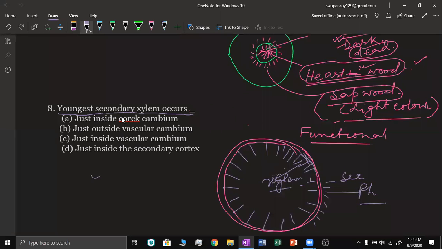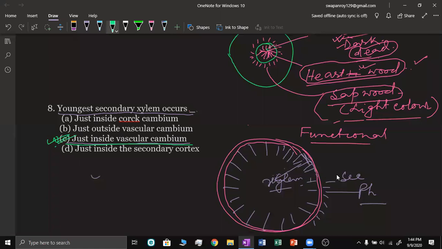So youngest secondary xylem will occur just inside the vascular cambium.